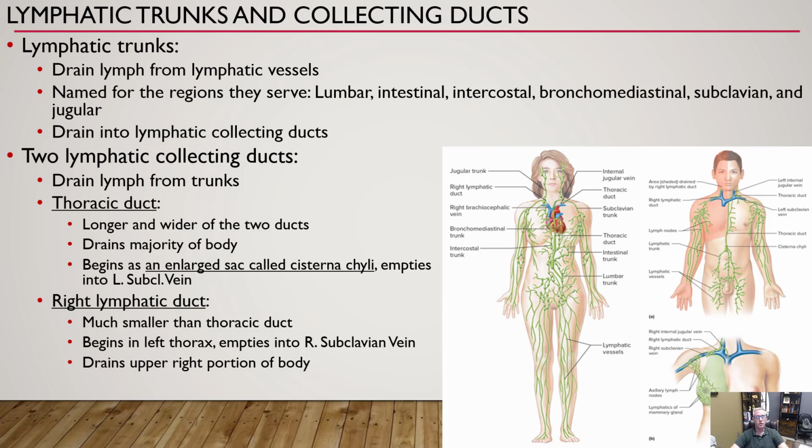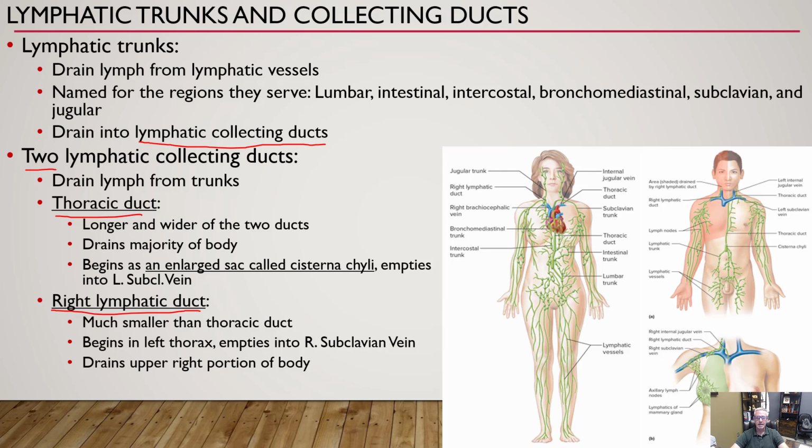All right, so those trunks are going to drain into lymphatic collecting ducts. We have two collecting ducts: a thoracic duct and a right lymphatic duct. Your thoracic duct is going to be the longer and wider of the two ducts. It's going to drain the majority of the body.